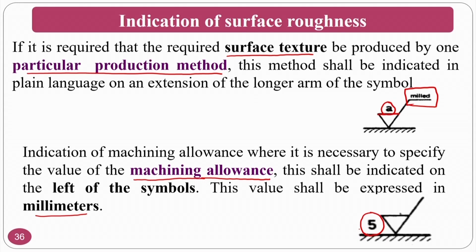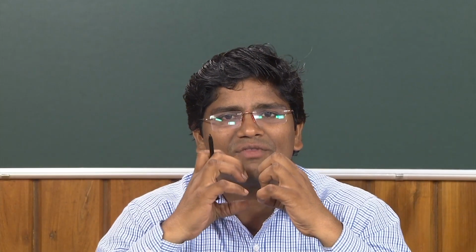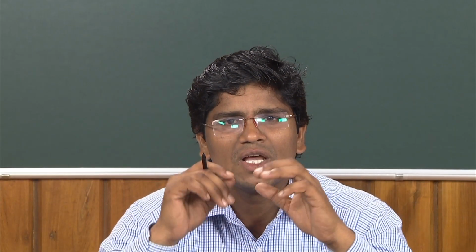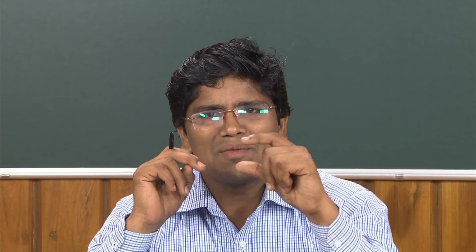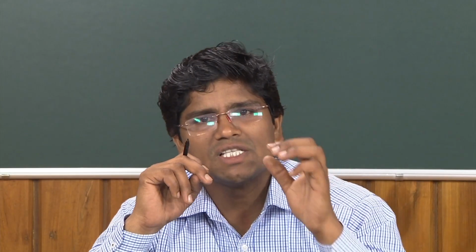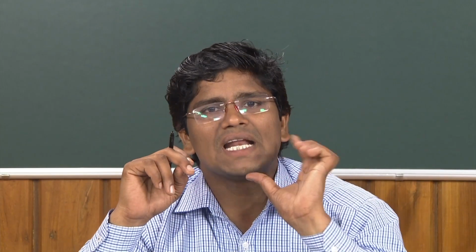Why? The allowances are always to be mentioned, because no manufacturing process can produce exact dimensions. Assume that I want a rod of 10 mm diameter. No process in this world can produce exactly 10 mm.